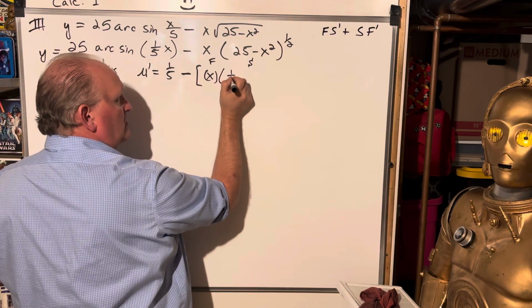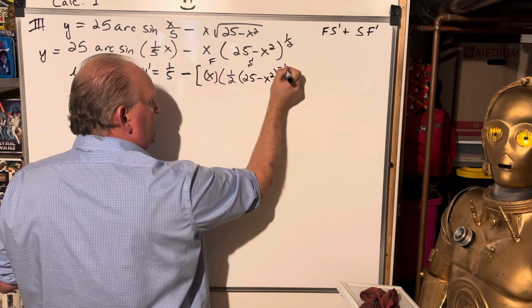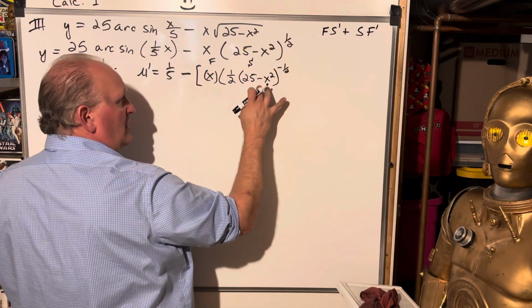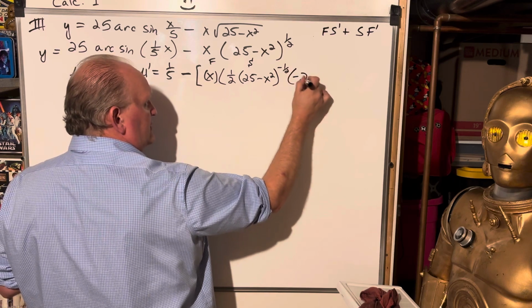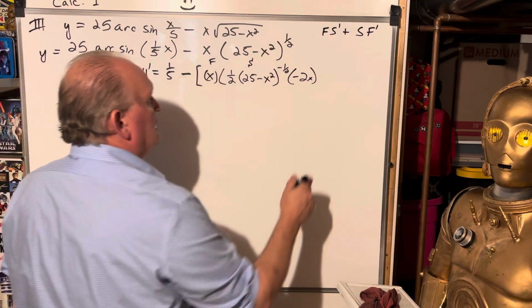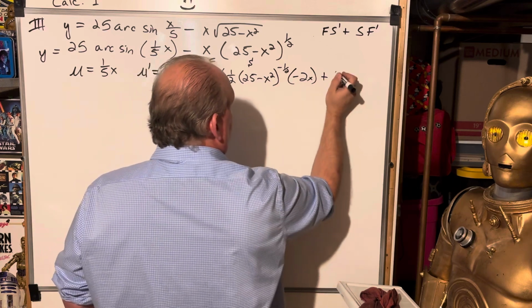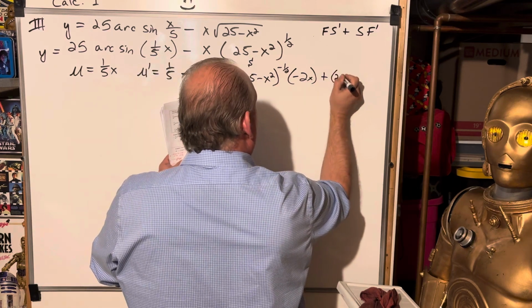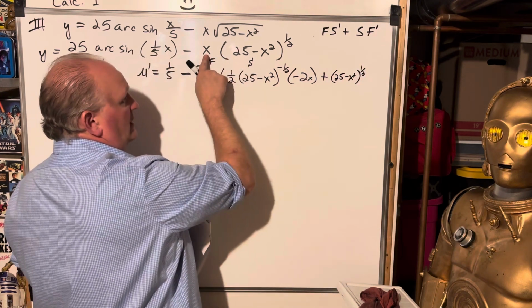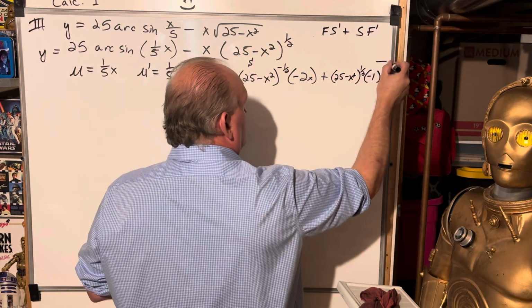So this is times 1/2 times this, 25 minus x squared to the negative 1/2 power. So we just did that, pulled it down in front, took 1 away from it, and then multiplied by the derivative inside there, which is negative 2x. All right. And then plus the second, which is this thing, times the derivative of the first, which is negative x, so that's negative 1.